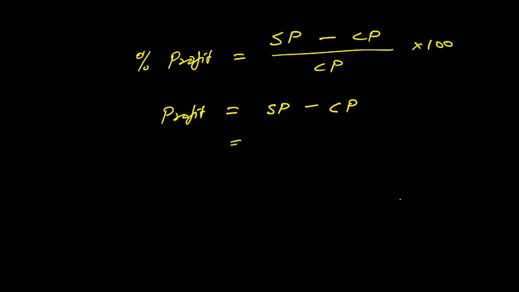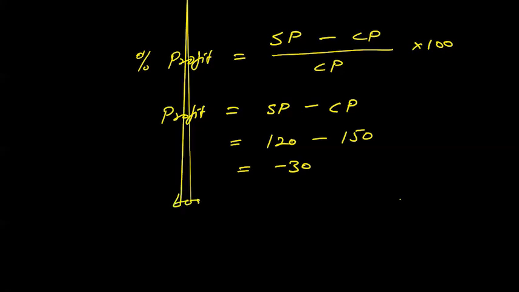But suppose selling price is 120 and cost price was 150, so it comes out negative. I don't say profit is negative 30, rather I say loss is 30 rupees.